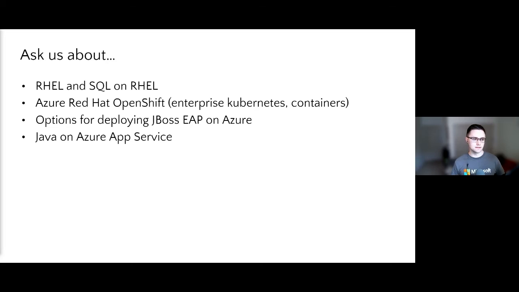And that'll be the closest to a pure lift and shift model from on-prem to the cloud. But of course, that comes with a little bit of a management overhead. It's not a PaaS service like ARO or App Service. So if customers want to take advantage of more of a platform service, they can move up to something like Azure Red Hat OpenShift, and they can deploy their EAP apps there.